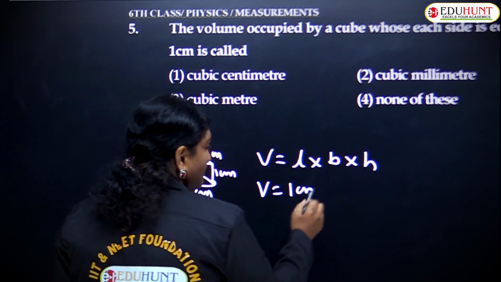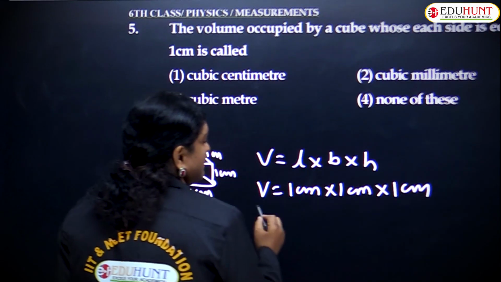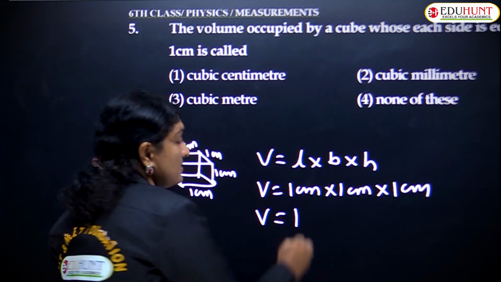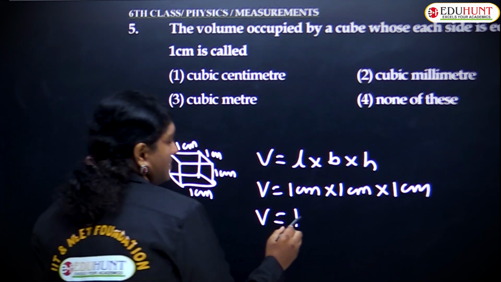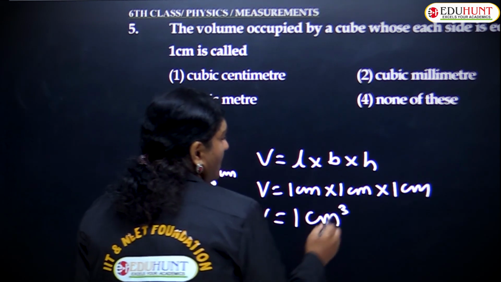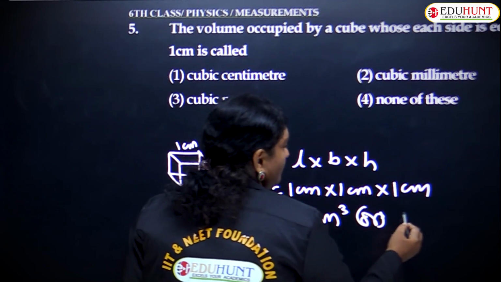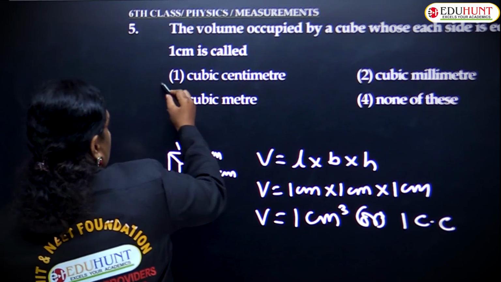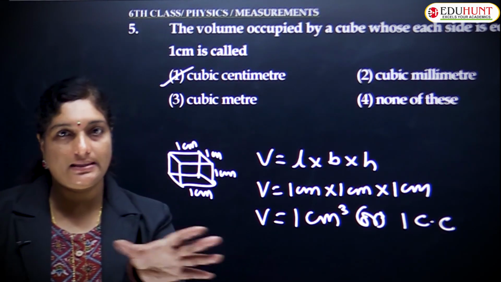Length is 1 centimeter, breadth is 1 centimeter, height is also 1 centimeter. So 1 into 1 into 1, how much? 1. Centimeter into centimeter into centimeter, centimeter cube, also read as cubic centimeters. 1 cubic centimeter. Where is cubic centimeters? Here. Whether you write 1 or not, it is nothing but cubic centimeters.